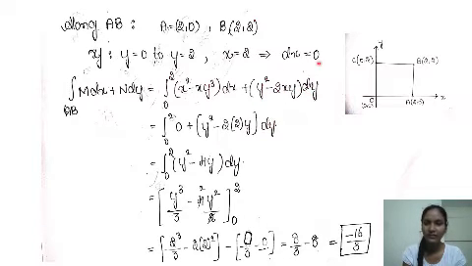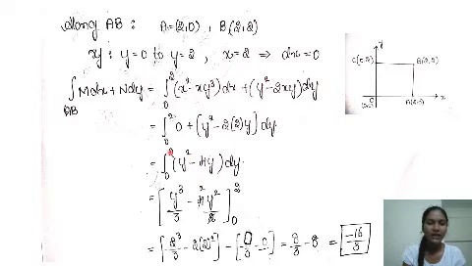Here dx equals 0, so this whole term becomes 0, and we replace x equals 2 here. So that becomes the integral from 0 to 2 of 0 plus y² minus 2 into 2y, into dy, that is equal to the integral from 0 to 2 of (y² − 4y) dy.